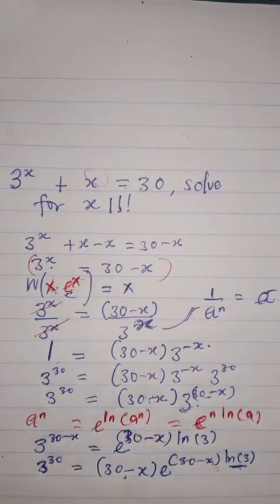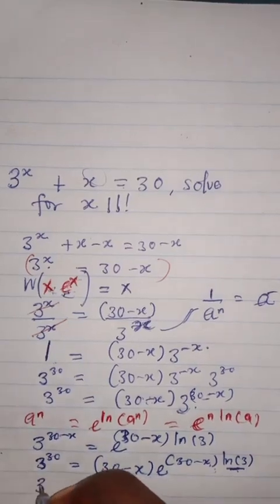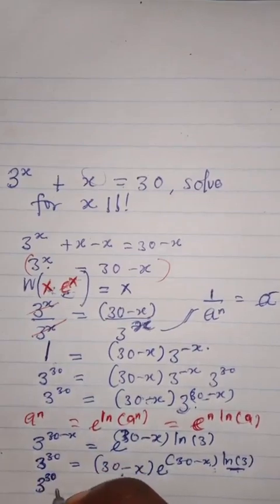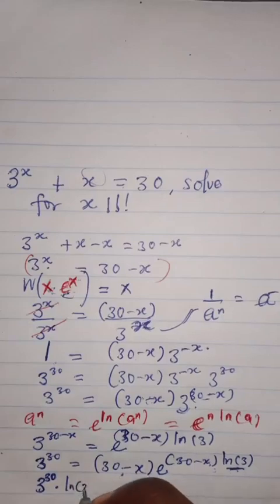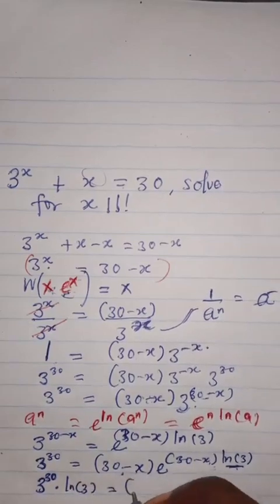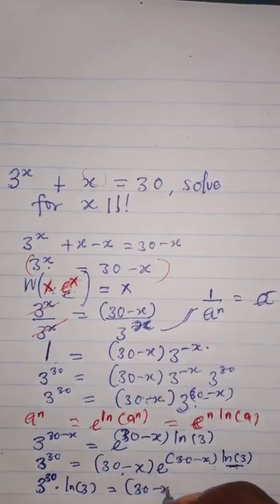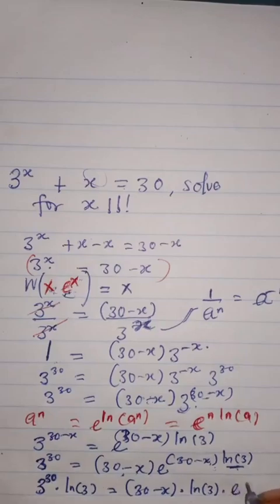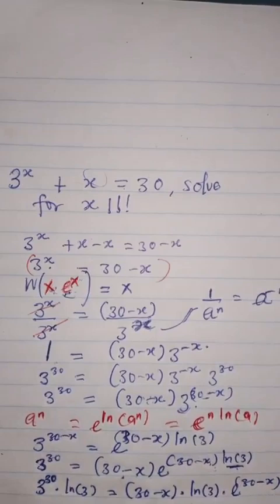So multiplying both sides by natural log of 3, I'm going to have 3 raised to the power of 30 multiplied by natural log of 3 is equal to 30 minus x multiplied by natural log of 3, then multiplied by e raised to the power of 30 minus x multiplied by natural log of 3.